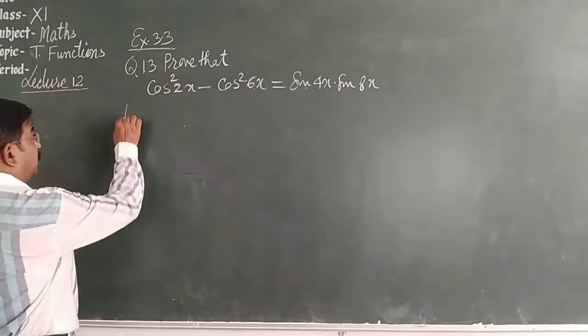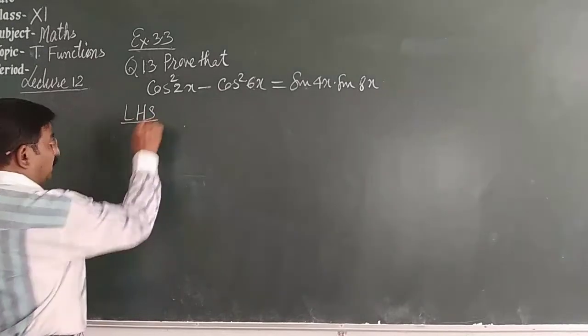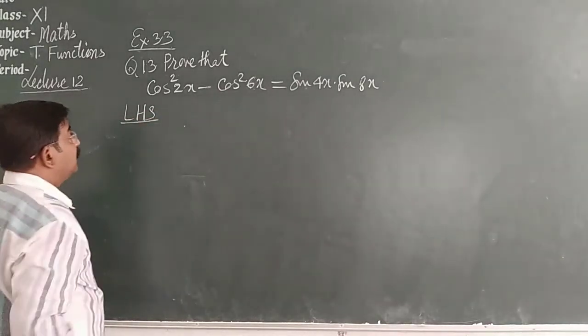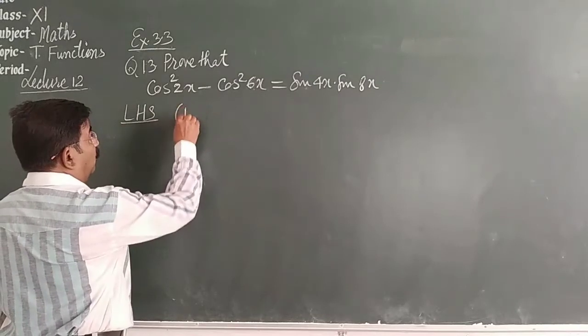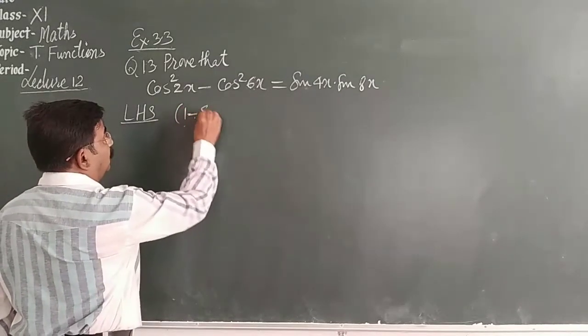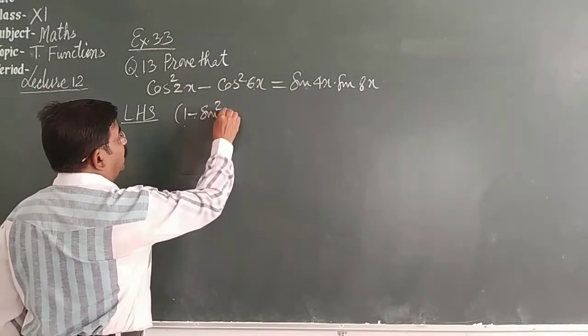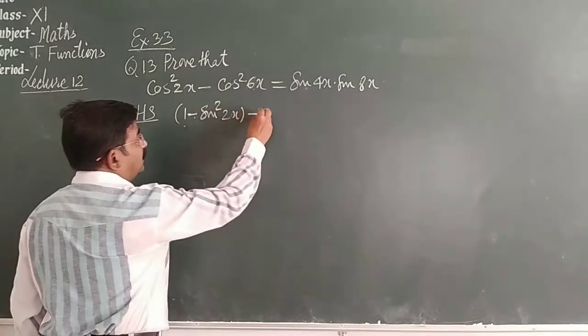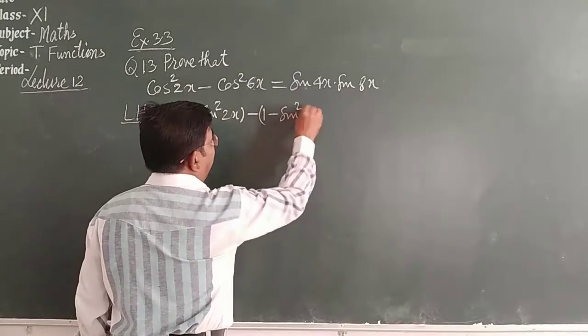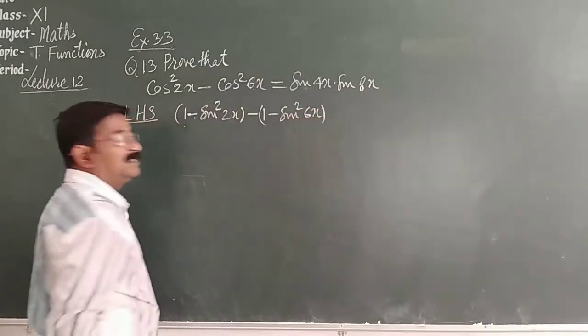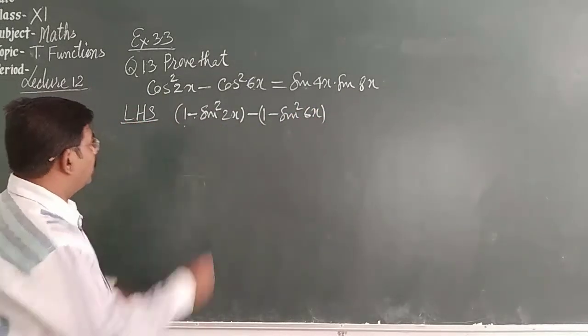Taking left hand side, this can be written as 1 minus sin square 2x minus 1 minus sin square 6x. Got it? Now open the bracket.